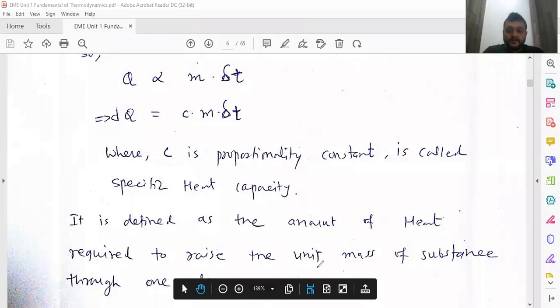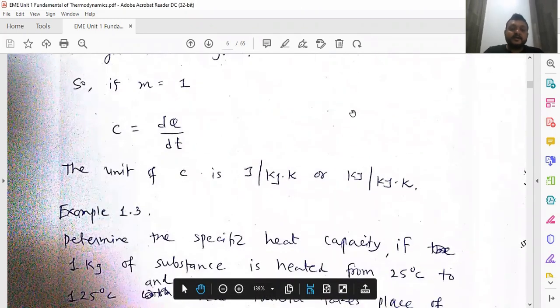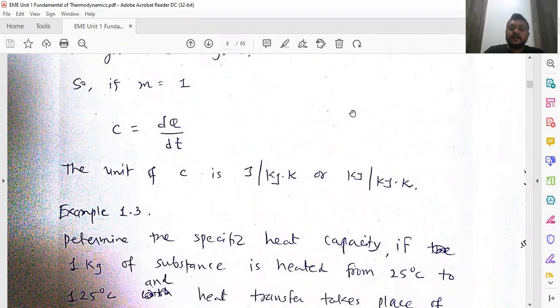So this is about the unit mass and unit substance. Now mathematically we can write C is equal to dq by dt. Ideally we always consider M is equal to 1, but the temperature difference may be any, may be changing.